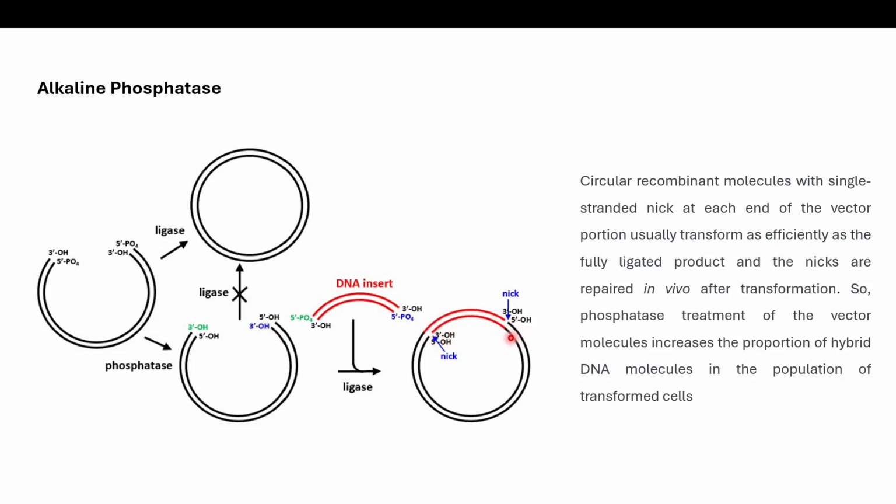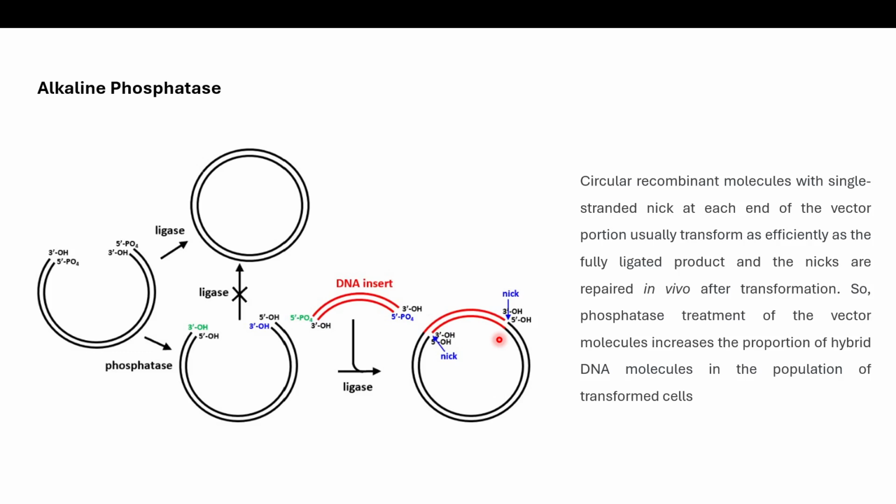But if there had been a 5' phosphate on the vector side, this would have been a continuous strand. Because phosphatase was used and the terminal phosphates were removed, we have 5' OH groups here and 3' OH groups, so no bond will be formed. There is a nick, an absence of a phosphodiester linkage, on both strands.